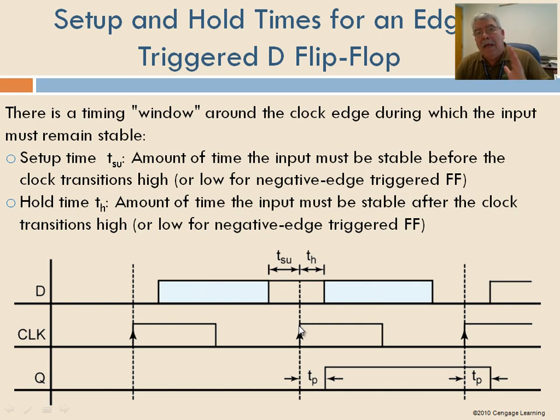See that the output is not immediately changed, but it certainly takes some time, which we know is the propagation time. Similarly here, the input is going to be read as a 0. The input here was read as a 1, therefore the output is a 1 on a D flip-flop. And here it is a 0, and then we also see that the change comes after just the propagation time from the output of the flip-flop.